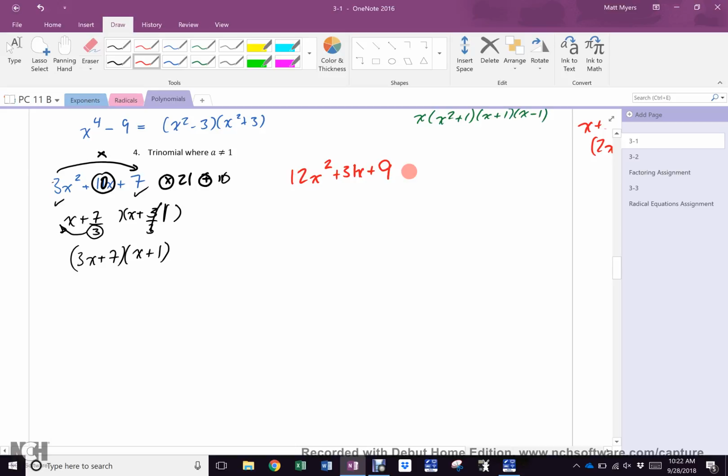So let's do this one. Can I GCF it? No. So I have to bring that 12 over here, and I have to multiply to 108 and add to 31. What are they? Is it 108 and 1? Is it 2 and 54? 2 plus 54 will get me 31 in some way.